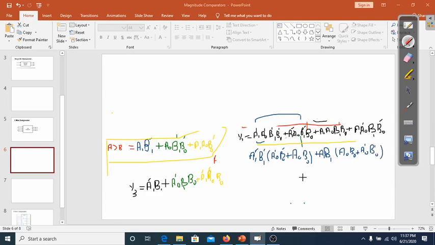So again here in these two terms, this term is common, so I can write it as A1 is exclusive NOR with B1 and A naught is exclusive NOR with B naught.